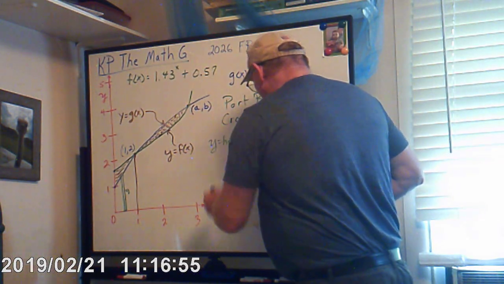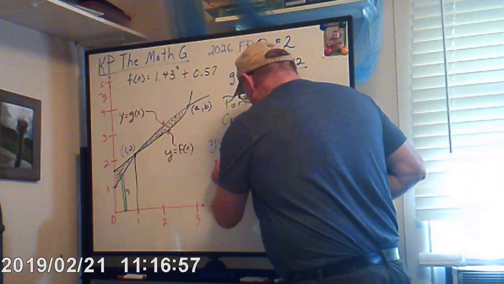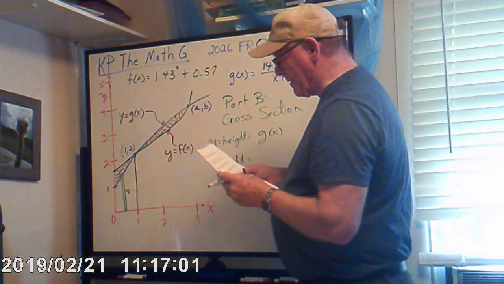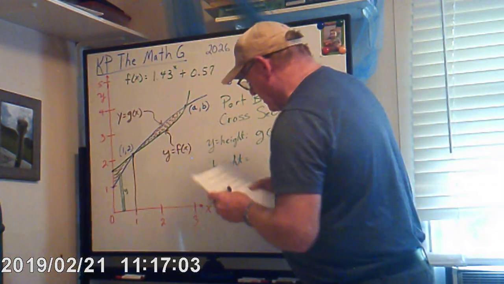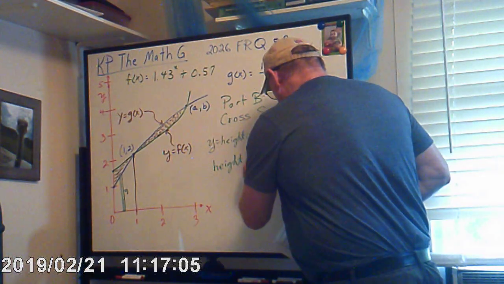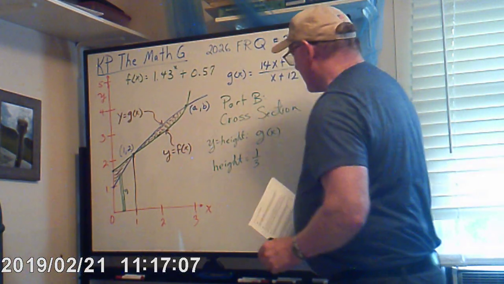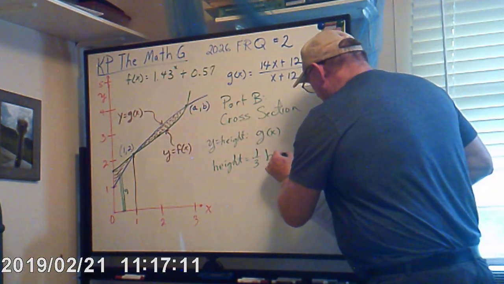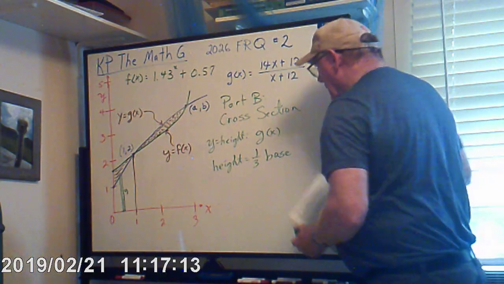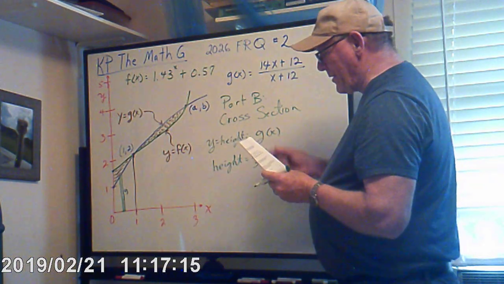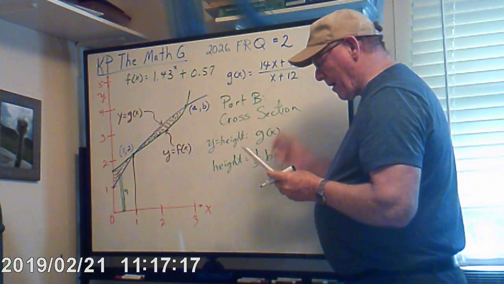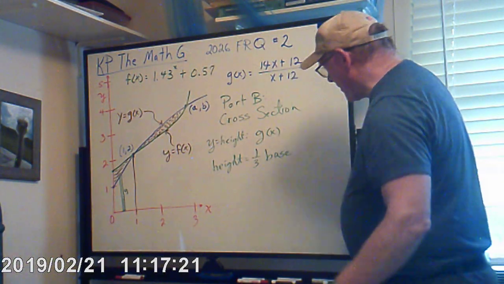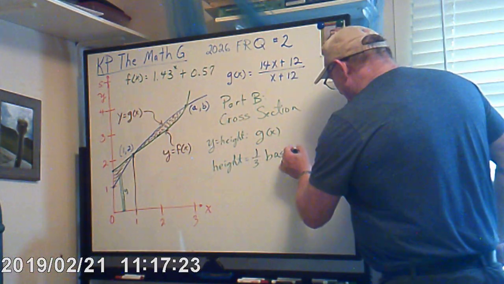So the height is equal to 1/3 the base. Alright, 1/3 the base. And alright, so it says that, so we got the base in region R. So the base is actually g at x as well.